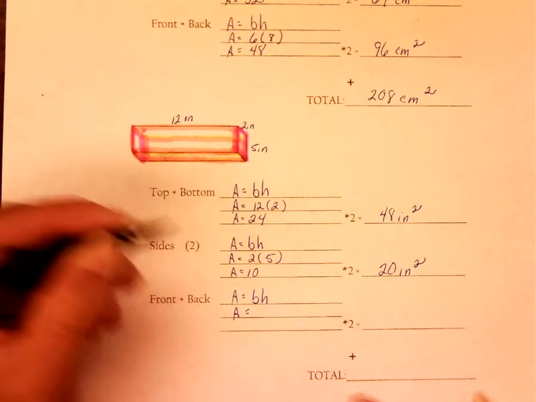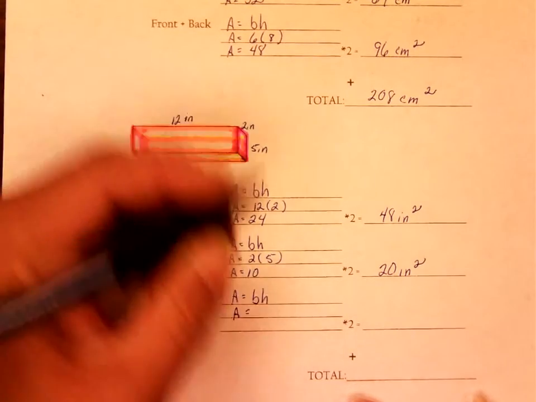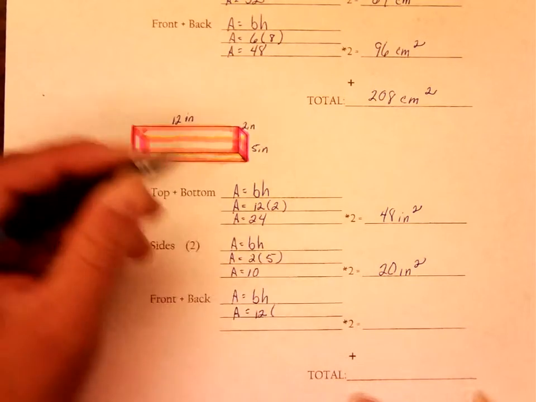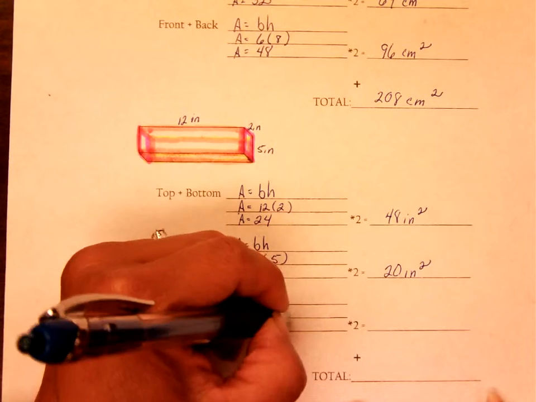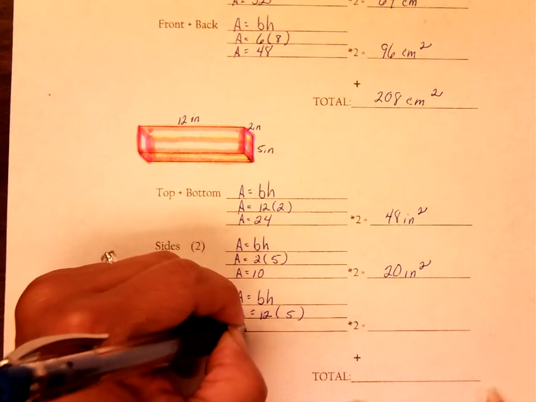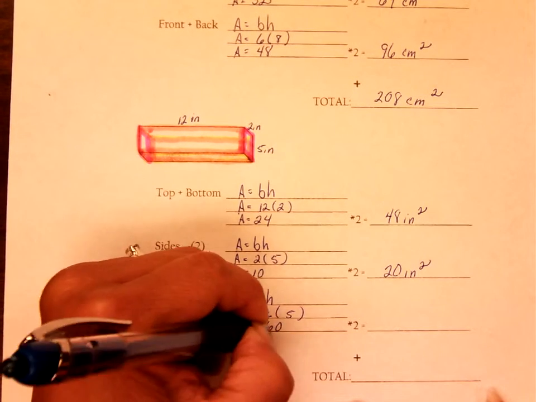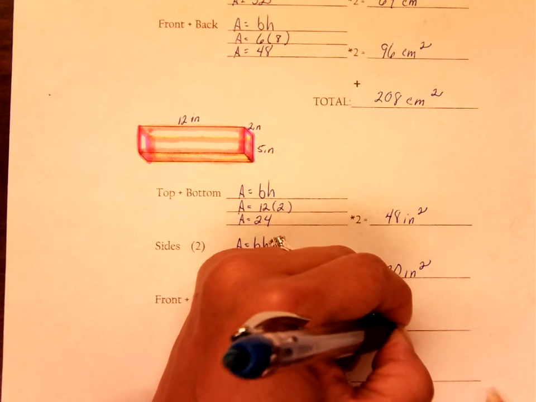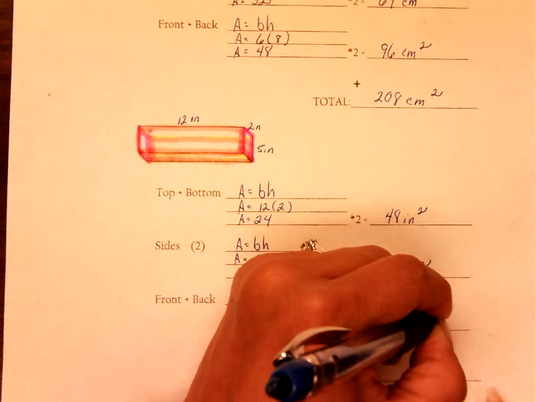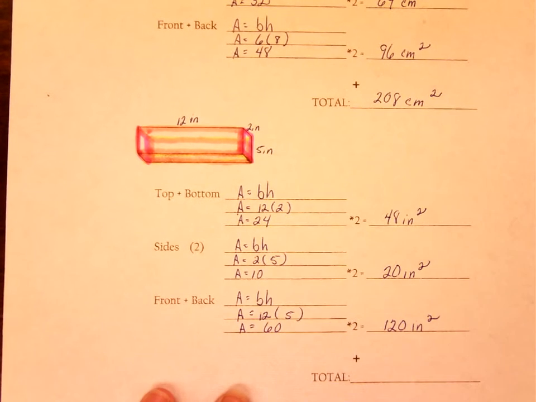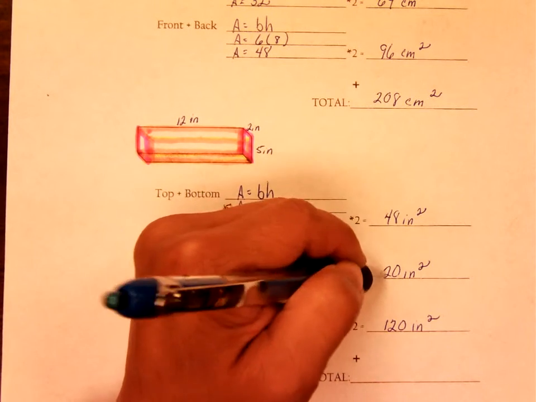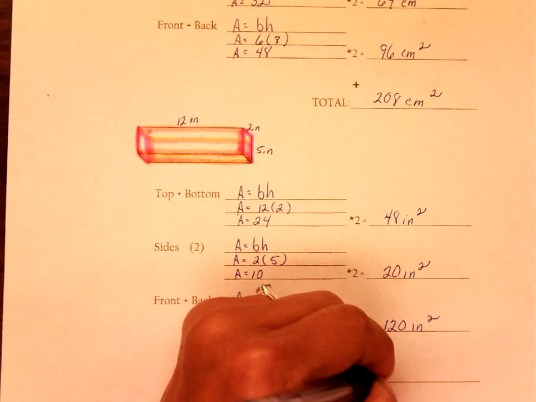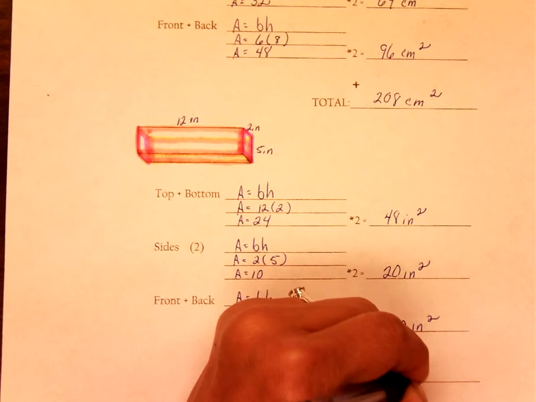Area is equal to the long side, 12, times the height, 5. And area is equal to 60. And 60 times 2 is 120 inches square. Now once you have all three, you're going to add 48 plus 20 plus 120, and you'll get 188 inches square.